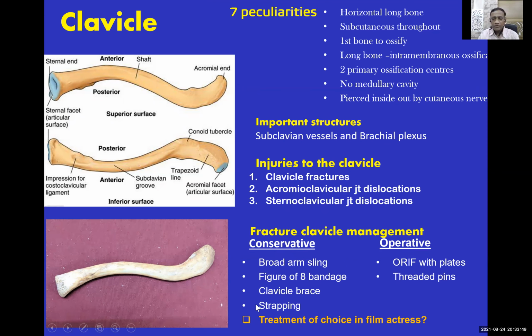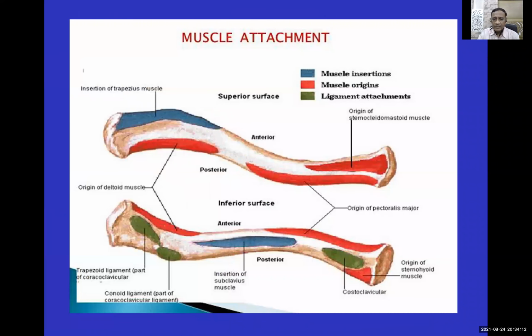He may ask you the treatment of choice for a fracture clavicle in a popular film actress, because if you treat her conservatively, she will have a deformity which she wouldn't like. If you want to do the surgery, she may have a scar which looks ugly. So again, she will not like it. So we have to prepare for this answer, and the different muscular attachments to the clavicle.